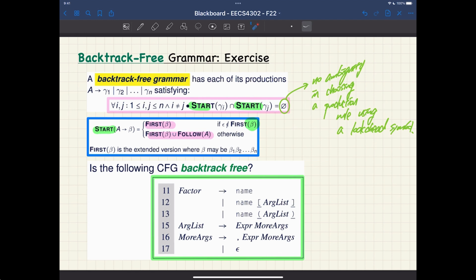Number 1, do you think this grammar is backtrack free? Yes or no, first of all? Anybody? Any thoughts? Henry, please. Yeah. Yes, I agree. That's good.